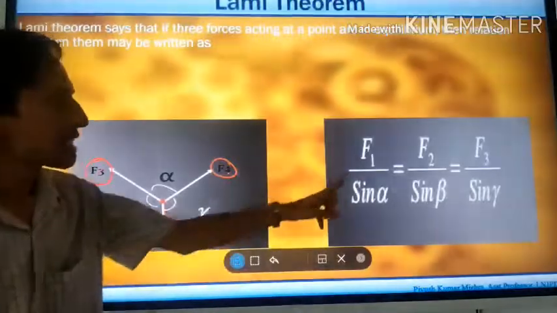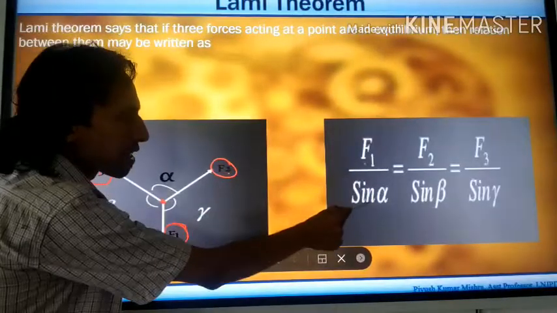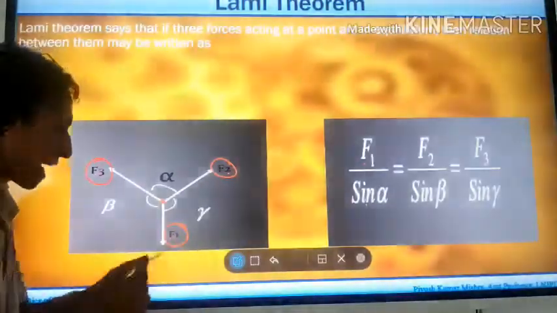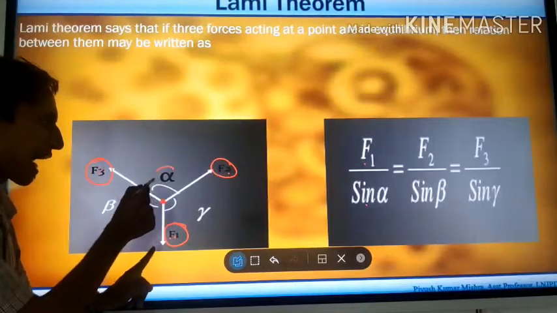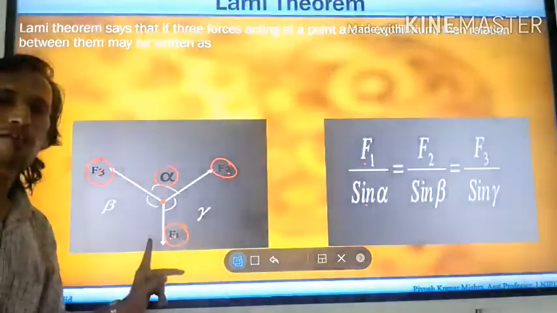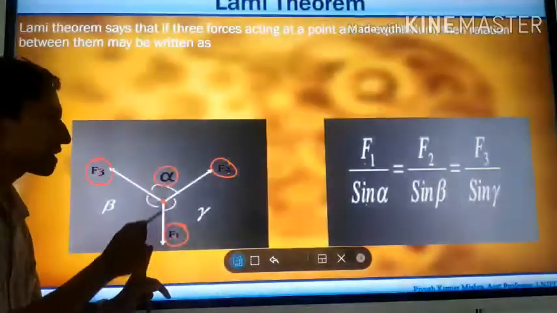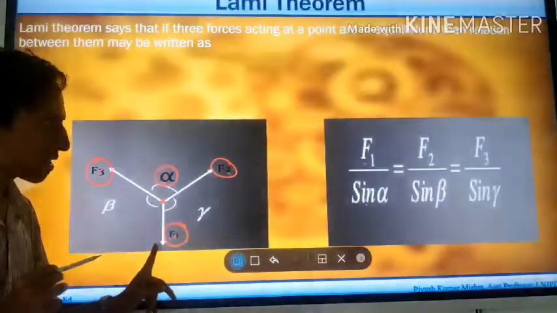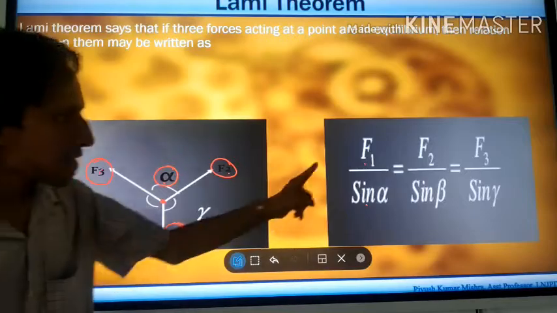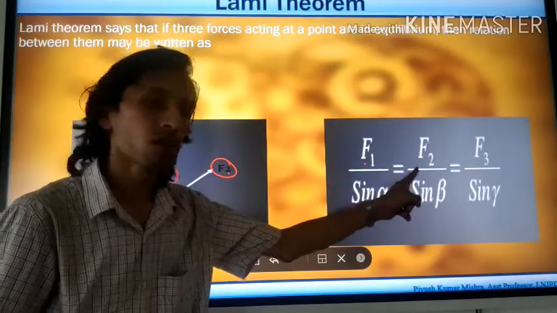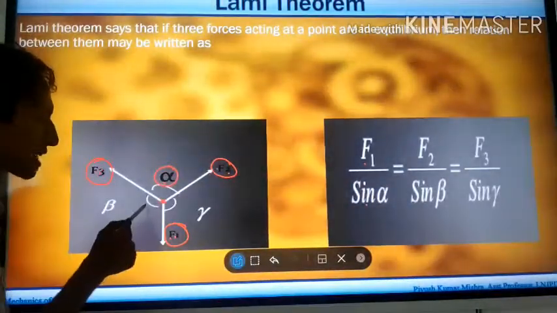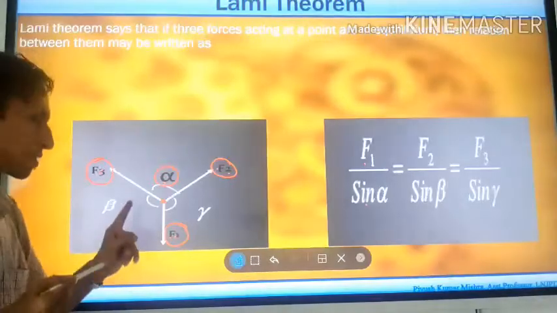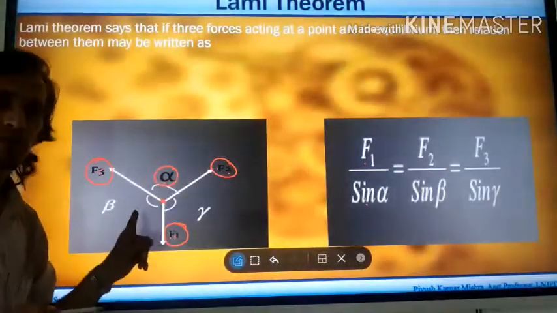It says that F1 divided by sine of alpha, where alpha is the angle opposite to F1, is equal to F2 divided by sine of beta, where beta is opposite to F2.